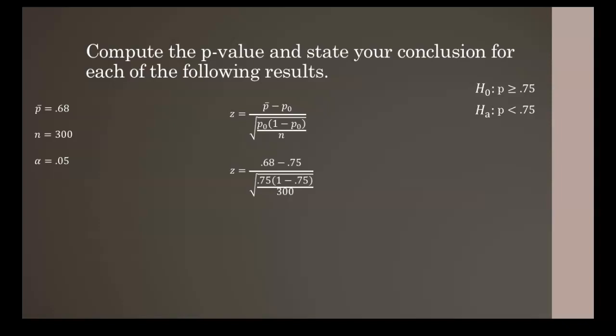We can plug all of that into our z-score formula, and that simplifies down into negative 0.07 over 0.025. That then becomes negative 2.80. That negative 2.80 is our test statistic, and we are going to use that to now find our p-value.